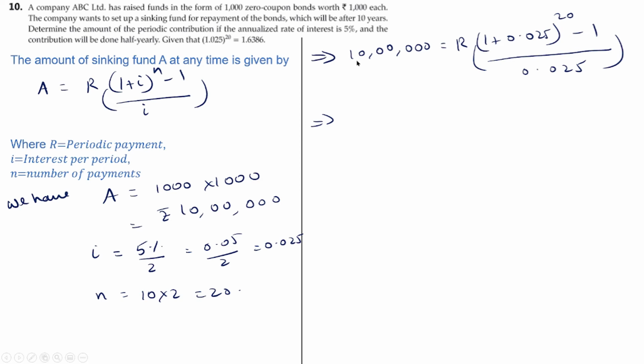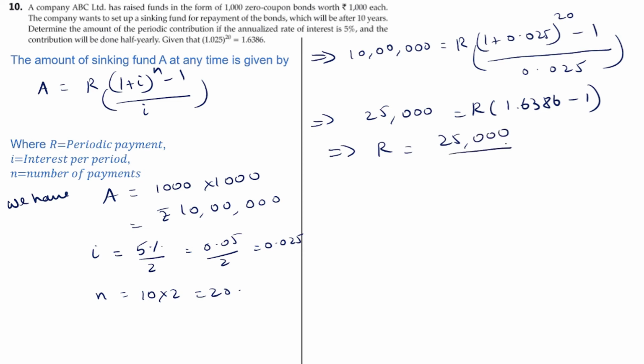So here 10 lakh into 0.025, 25,000 equal to R into 1.025 the whole raised to 20, which is given as 1.6386, minus 1. So from this we get R as 25,000 upon 1.6386 minus 1, which is 0.6386.